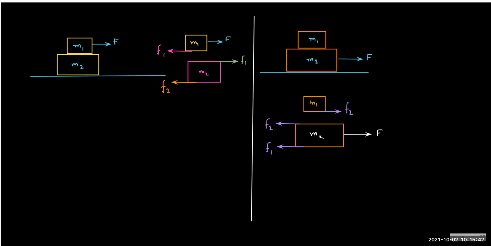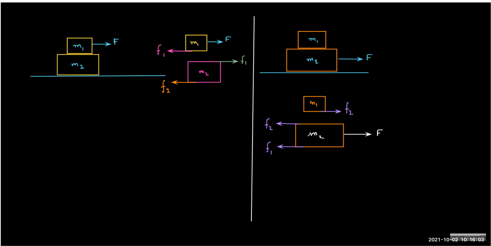And the answer is only when F is more than F1, but not more than F1 and F2 together at least. So if F crosses the F1 value, then F2 will develop. What if F is less than F1?